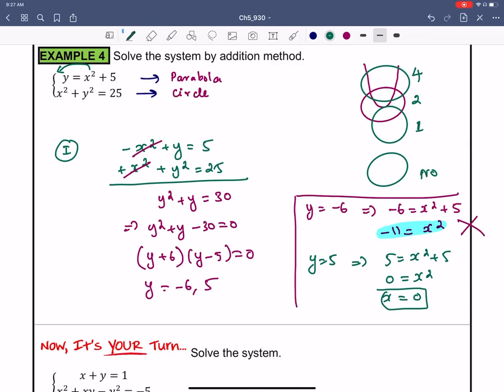So it seems we have only one solution, and that solution is x is equal to 0 and y is equal to 5. So here we have this particular case, where they're intersecting at only one point. And that's how we solve these nonlinear equations.